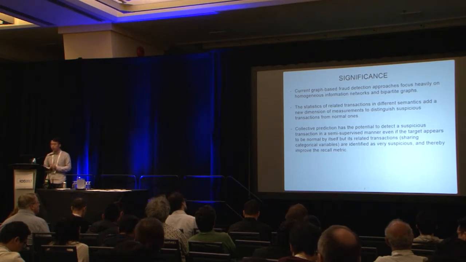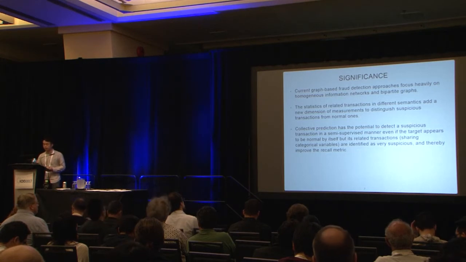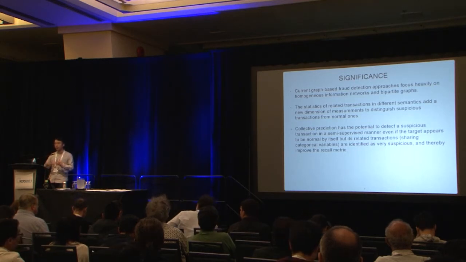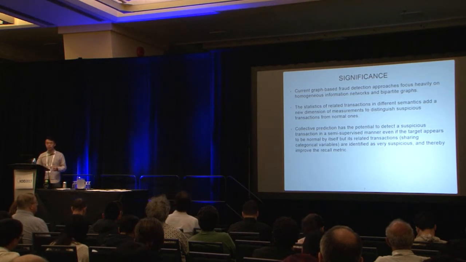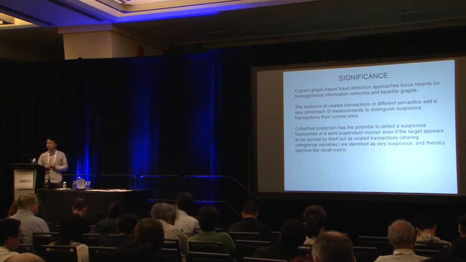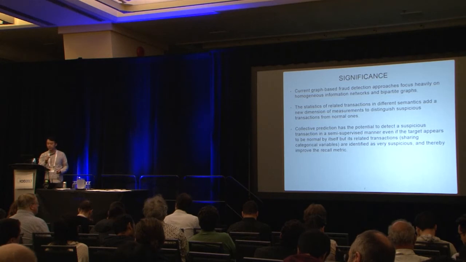The idea of collective predictions has the potential to detect suspicious transactions in a semi-supervised manner. In some cases, very suspicious transactions may not be detected by traditional or non-graph-based algorithms, because some transactions look normal in many dimensions, but similar related transactions have revealed some suspicious trace in other fraud attacks.